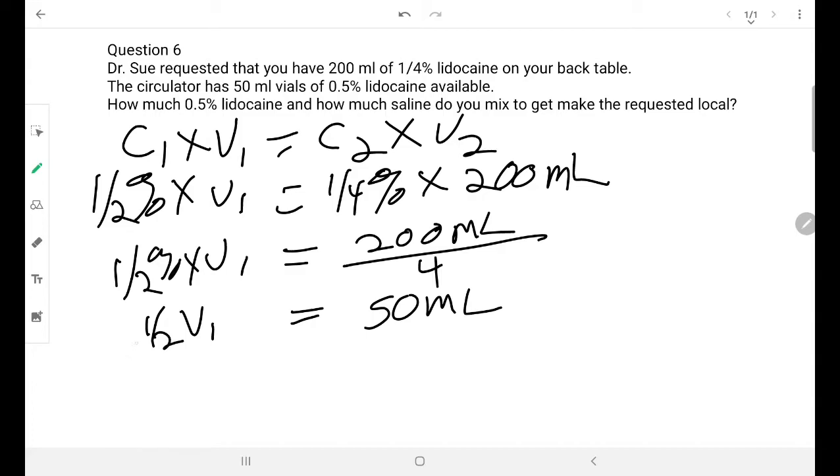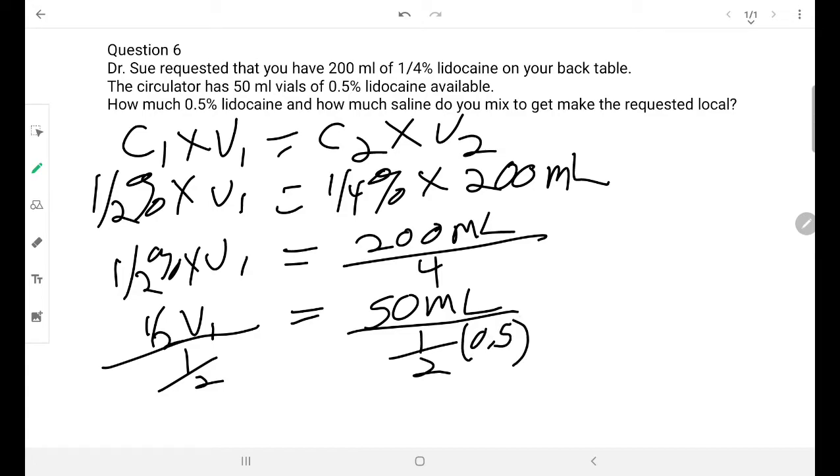So we'll divide both sides by 1/2. Now you could also say that is a 0.5 as a half. You can do it either way. So you can take the 50 and divide it by 0.5, or you can do 50 over 1 and flip your fraction times 2 over 1.